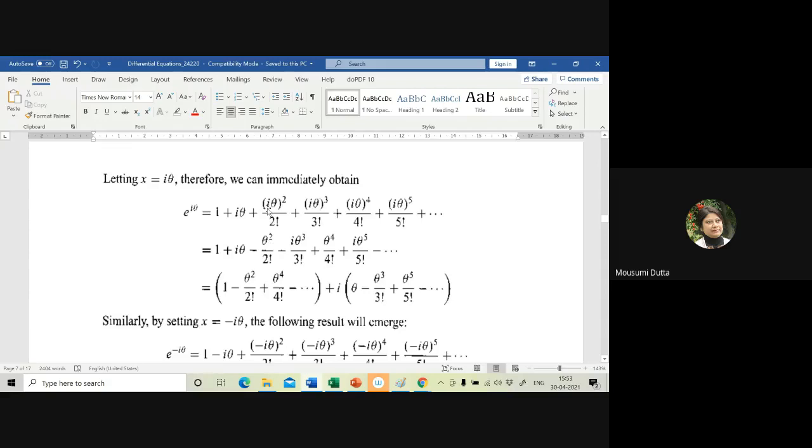Then I am replacing i square by minus 1, i cube by minus i, i to the power 4 by plus 1, i to the power 5 by i, and so on. So please check this line.